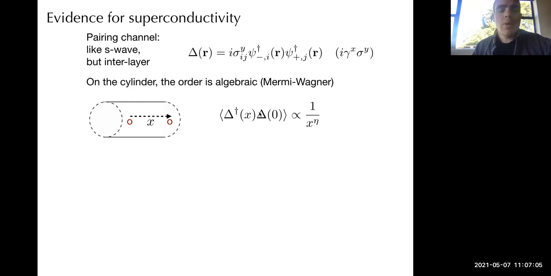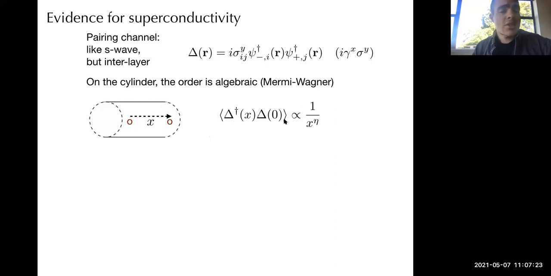One subtlety when we want to detect it in numerics is that the symmetry you're breaking is a continuous symmetry, and because I've taken 2D space and put it on a cylinder, it's formally a 1D model. We know that, because of the Mermin-Wagner theorem, this order should actually be algebraic.